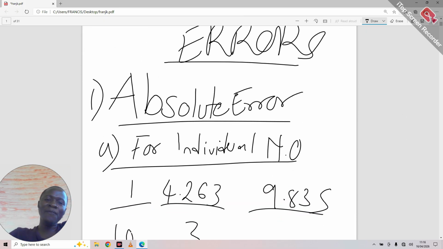Our part A was absolute error for individual number. Let me repeat my note. No question an examiner will set for you requires the knowledge of formulae part A. Why? Because it is always 1 mark. In paper 2, you will never find a 1 mark question.